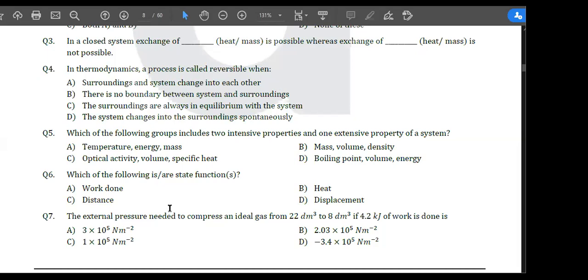The external pressure needed to compress an ideal gas from 22 dm³ to 8 dm³. We know that 1 dm³ is equal to 1 liter. As simple as that. So this is basically 22 liter to 8 liter.